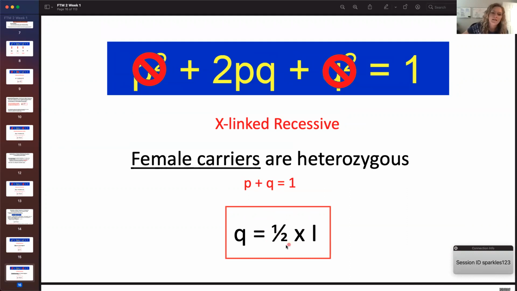Half the incidence will give you the Q. But when it's in fractions, you have to remember that everything's in fractions, so you're going to be multiplying the denominator, which is why it can get a little bit tricky. They're almost always going to ask you about the female carriers, the heterozygote carriers with the X-linked recessive, and you're just going to need to half the incidence, because they're going to be carriers of the allele, not affected.